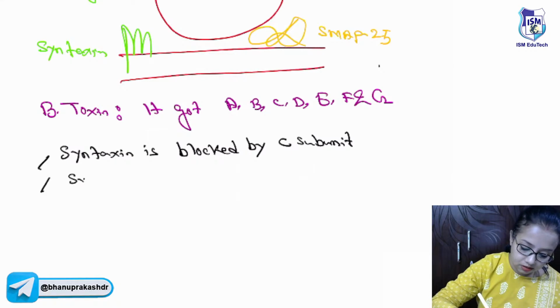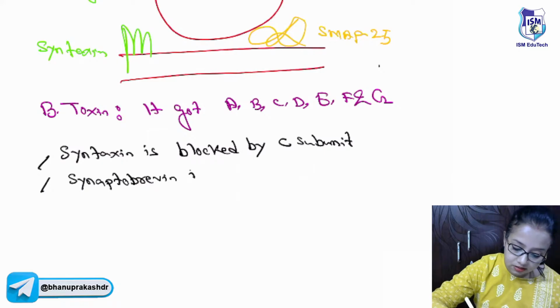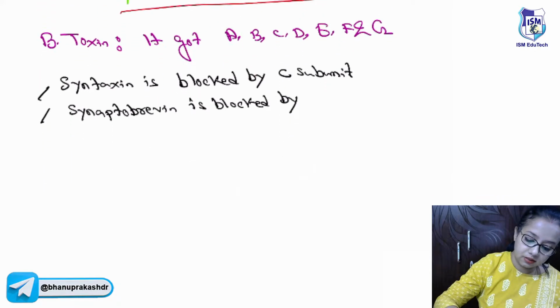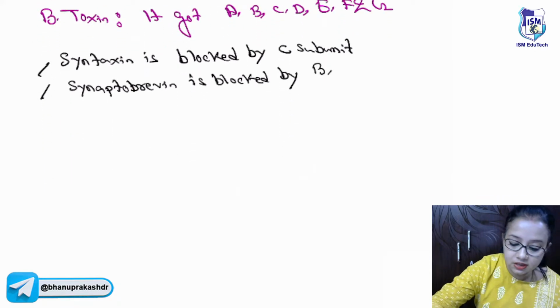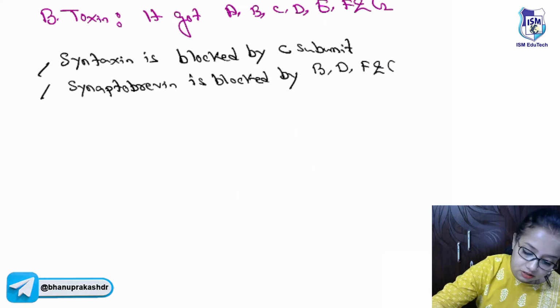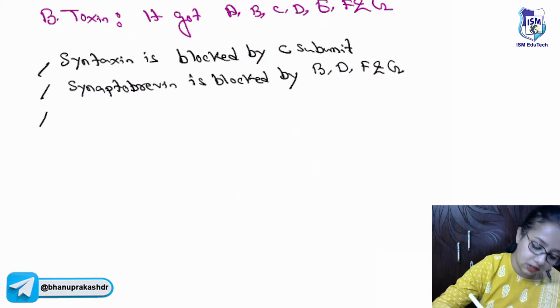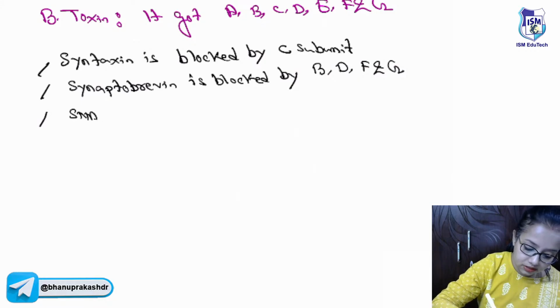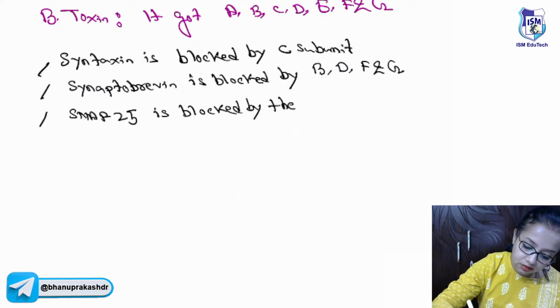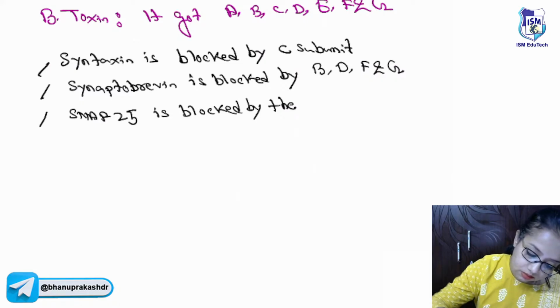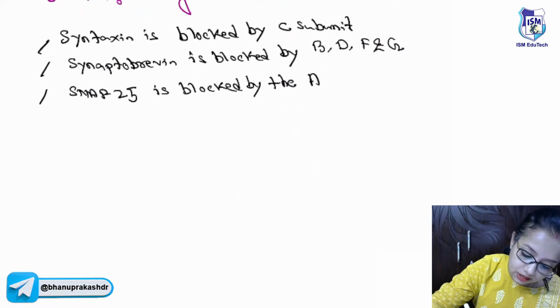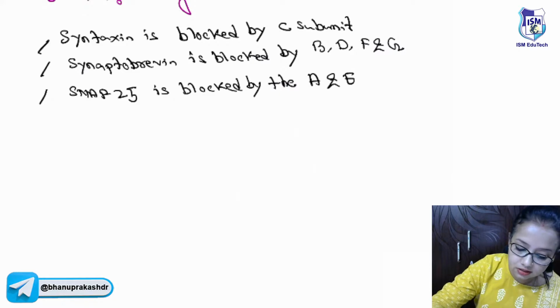Then synaptobrevin is blocked by the B, D, F and G subunits. Similarly, SNAP-25 is blocked by the A and E subunits.